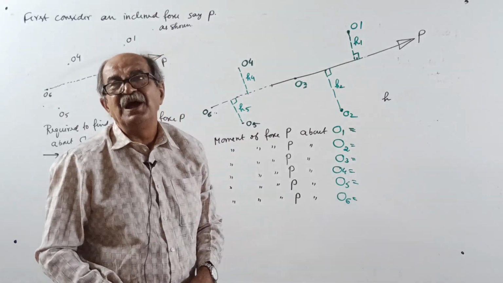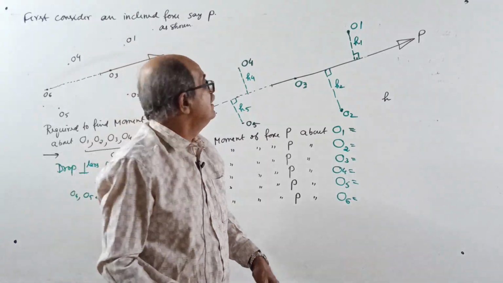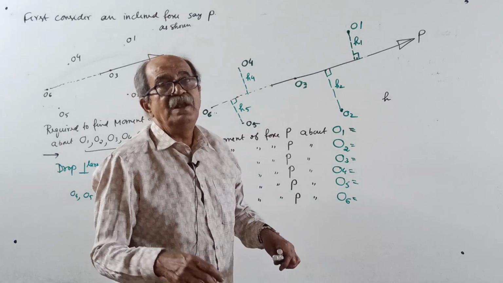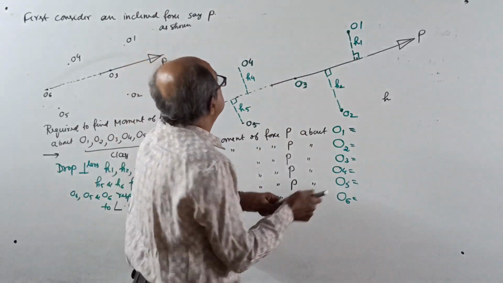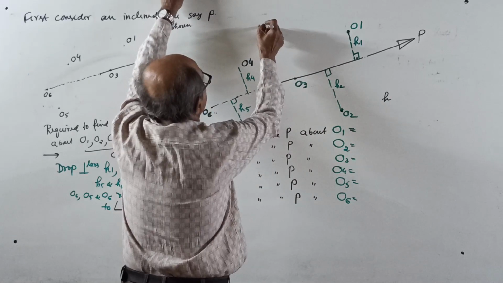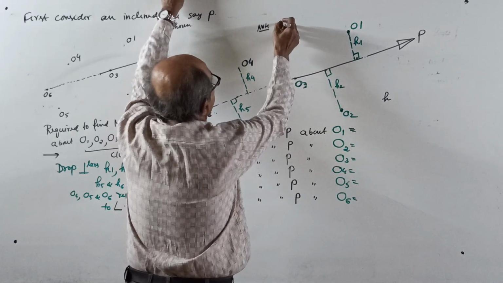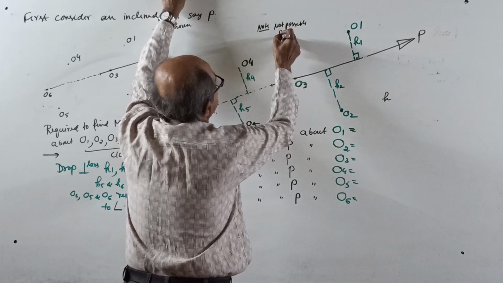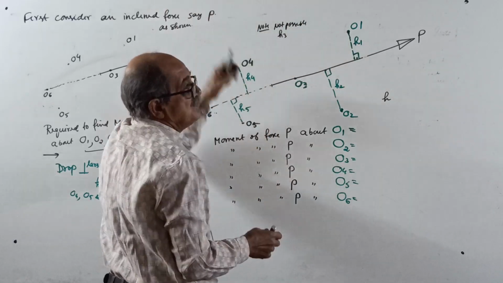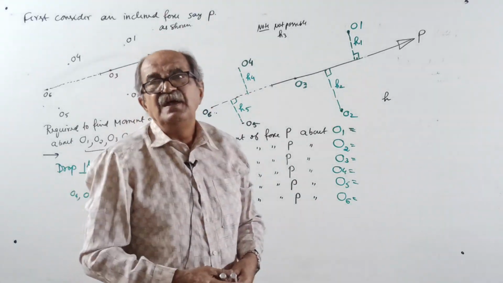I am not getting confused, I am pretending. People will tell, no sir, not possible. Make a note here. Not possible. Which one? H3 is not possible because you should know mathematics.